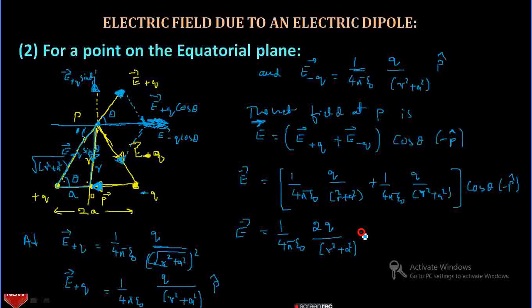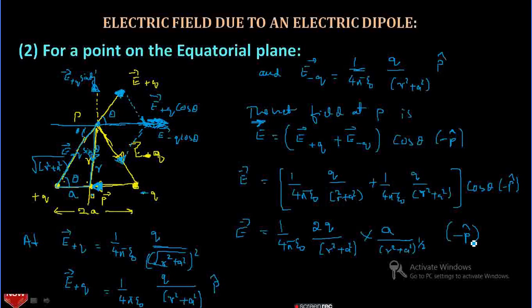Remember, cos theta can be written using this right angle triangle, dear students. With the center to any one of the charges, either plus Q or minus Q, cos theta is what? Adjacent by hypotenuse. Adjacent is equal to A. Hypotenuse is equal to R square plus A square whole to the power 1 by 2, into minus P cap.